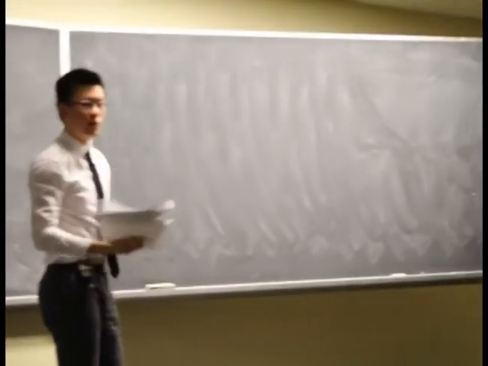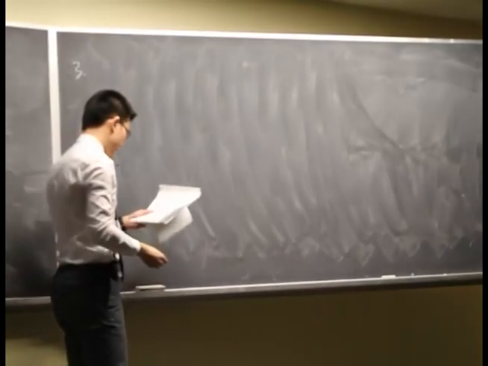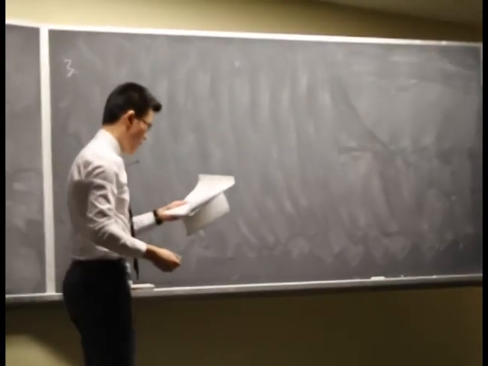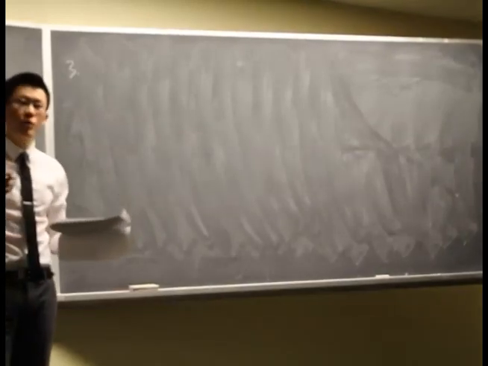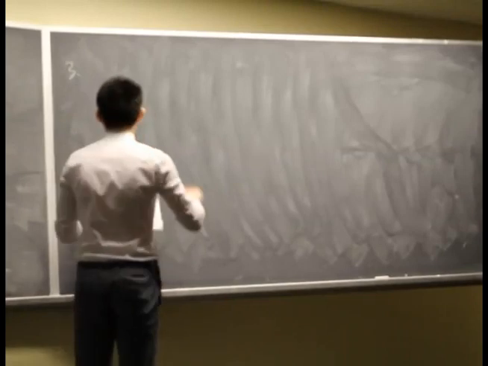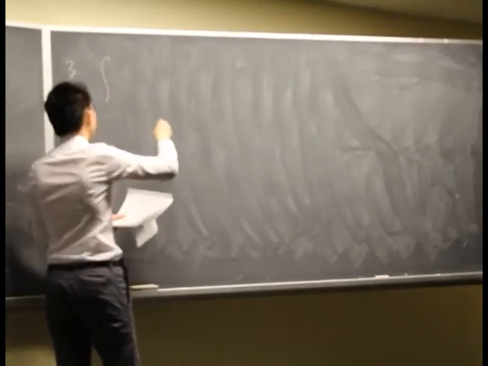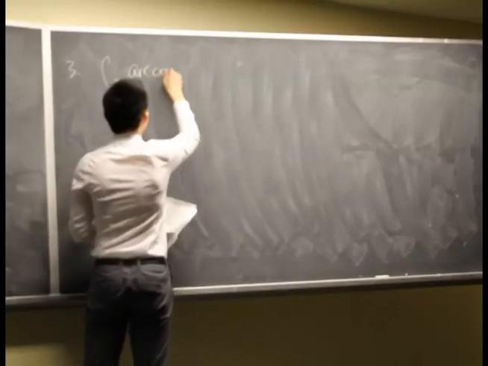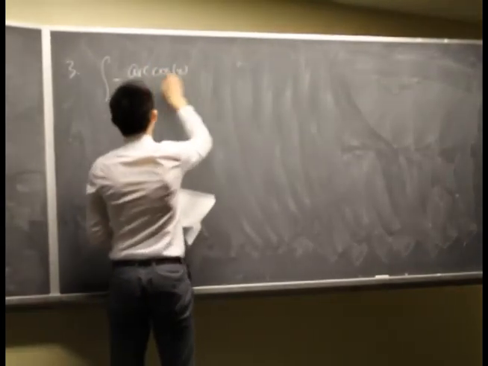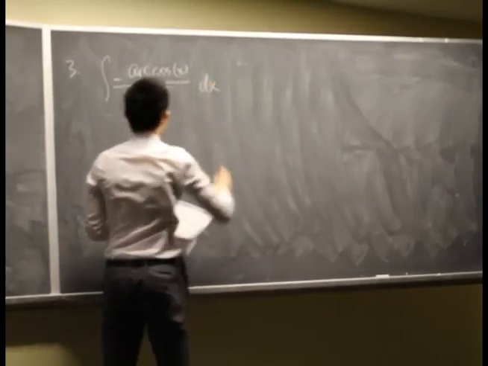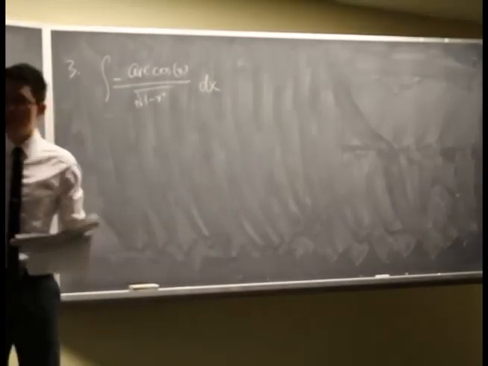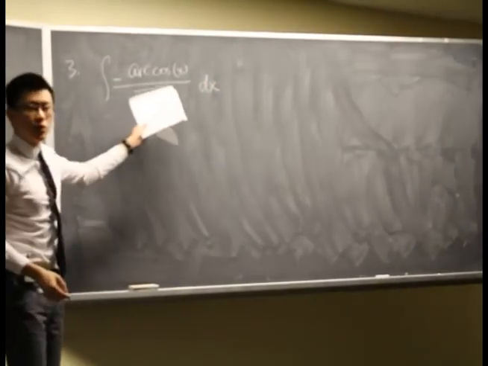So I'm going to move to some more complicated examples from now on. The key to all of these integrations is to recognize that the integrand is a product of something and its derivative. Sometimes there are more complicated derivatives of different functions. In this case, I'm going to give you an example of an inverse trigonometric function. Unlike the other examples, which are essentially polynomials, this one involves an inverse trigonometric function.